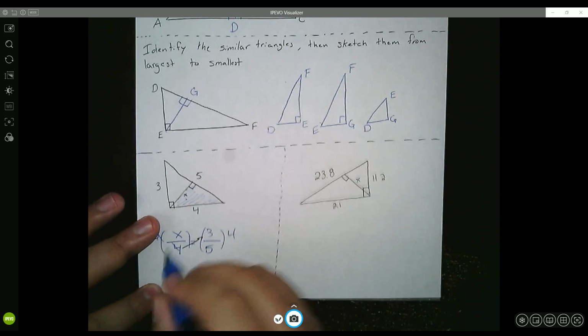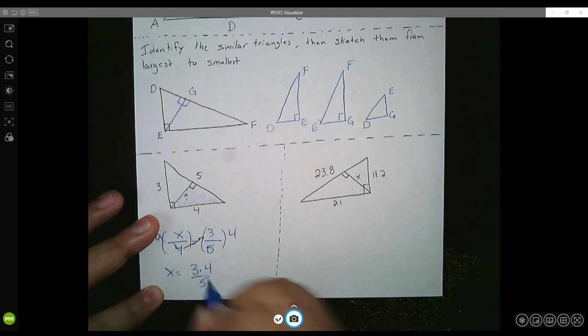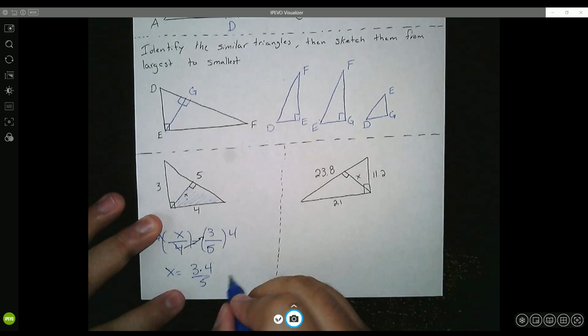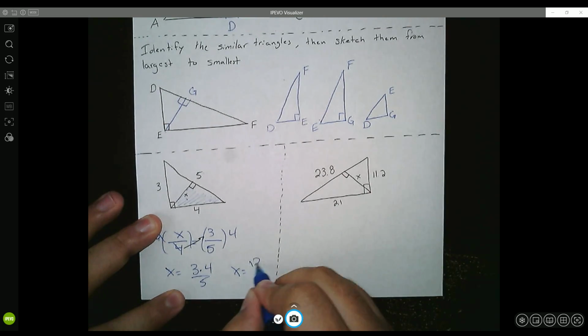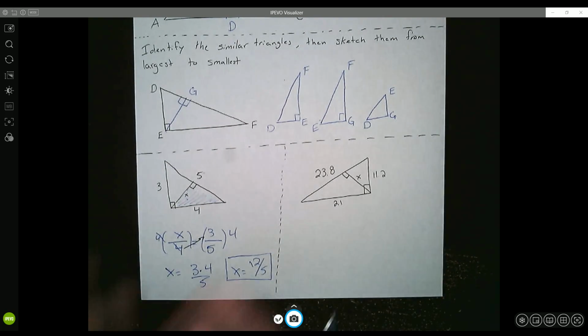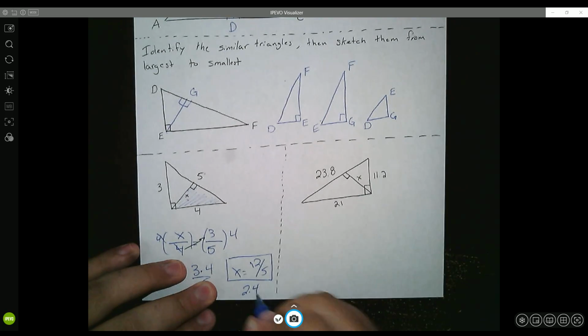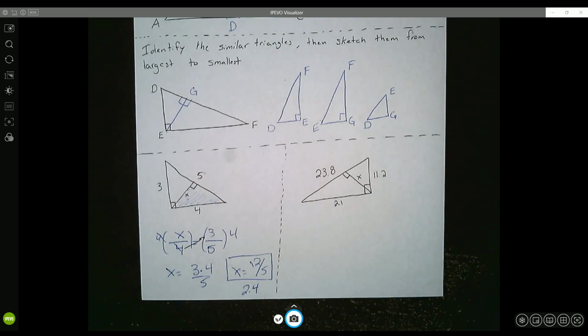We're left with x is equal to 3 times 4 over 5, which gives us an answer of x equal to 12/5. It's pretty standard. If you want to put that in decimal form, that would just be 2.4.